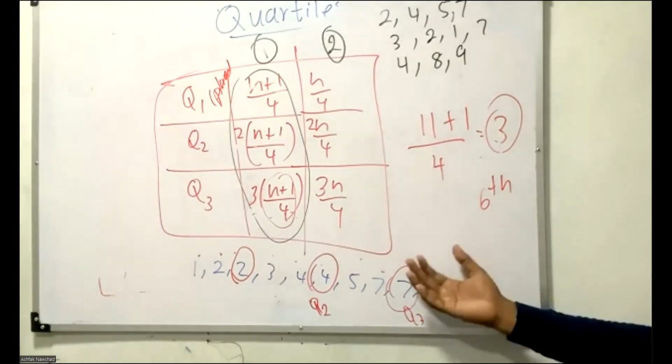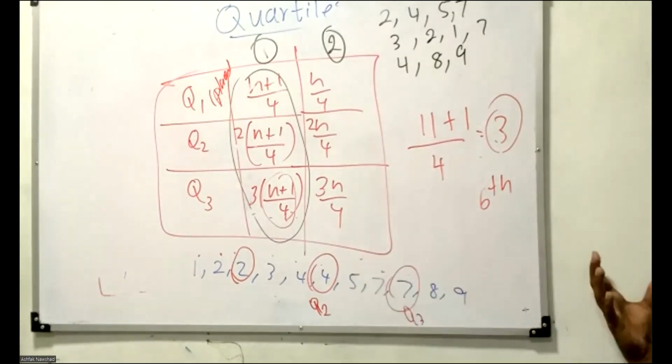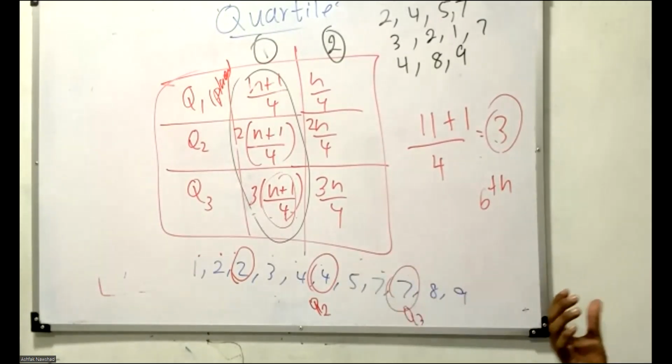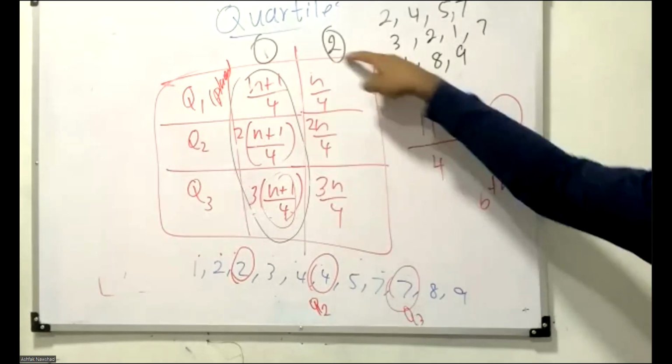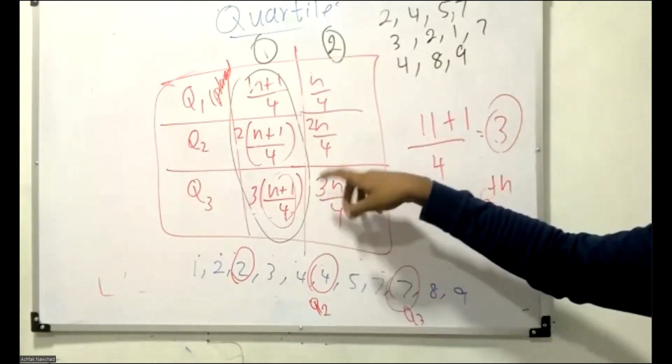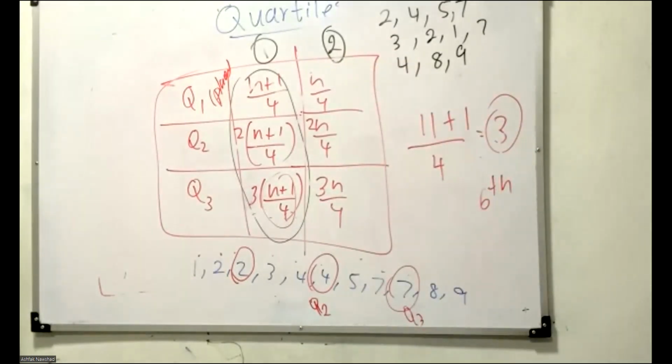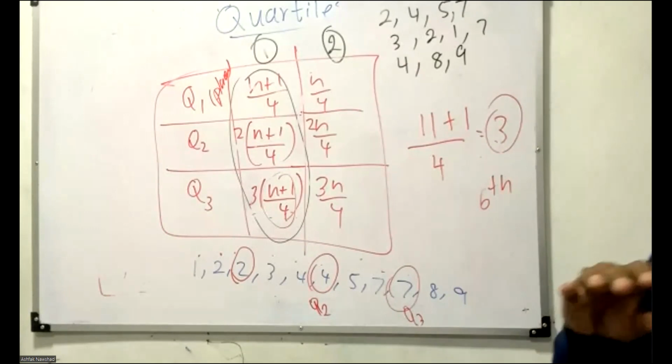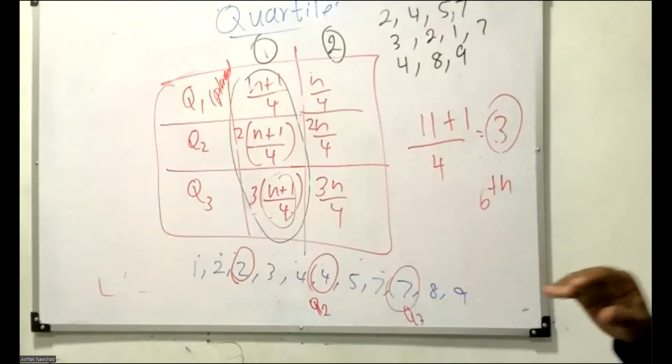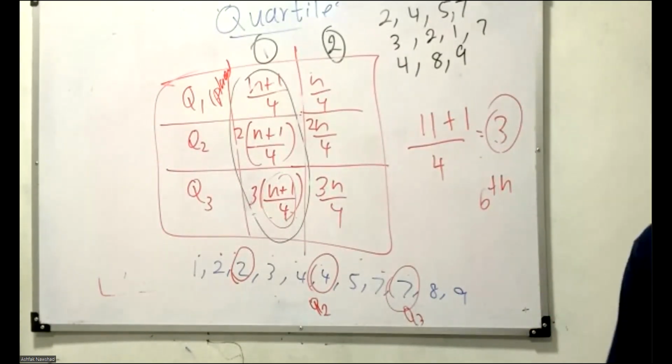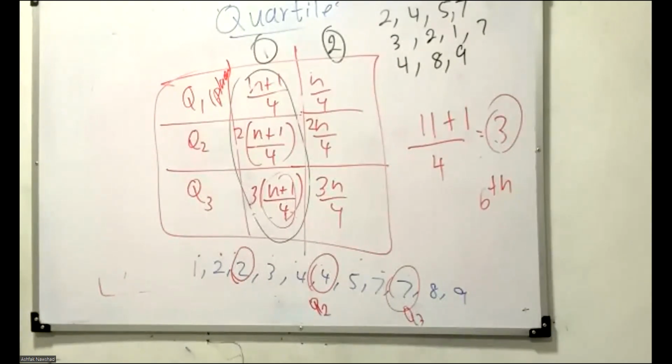If the data set is too large, for example you have 40 data, you can find the quartiles using the other set. That's a rule in your O-level syllabus. This lesson is a foundation for statistics. Have you ever heard of statistics? That's a large branch of mathematics.